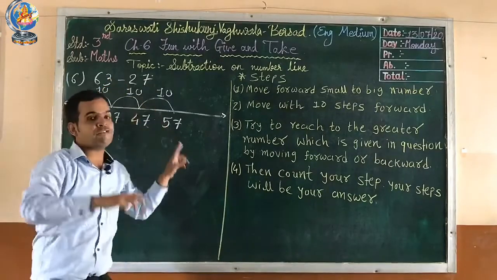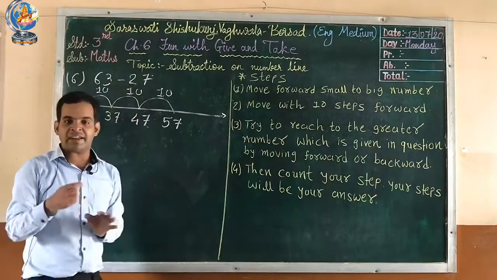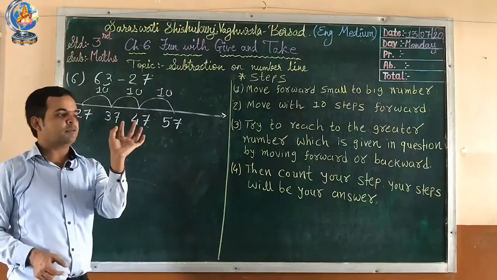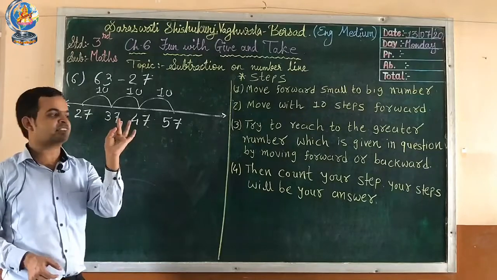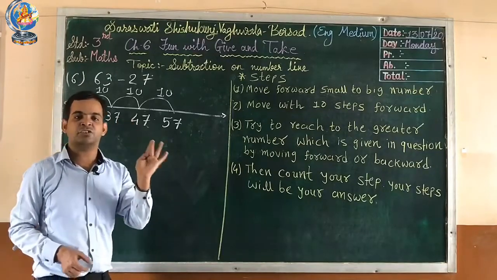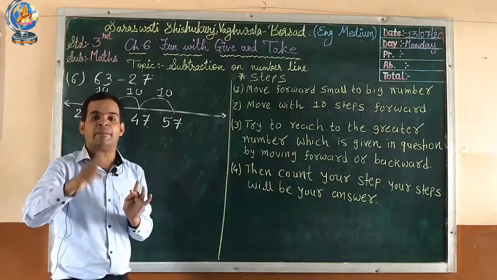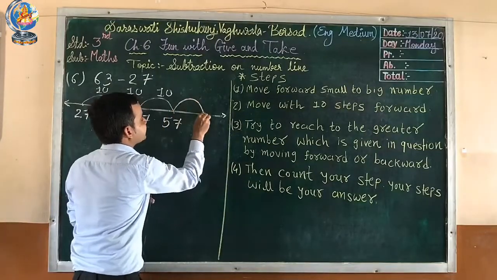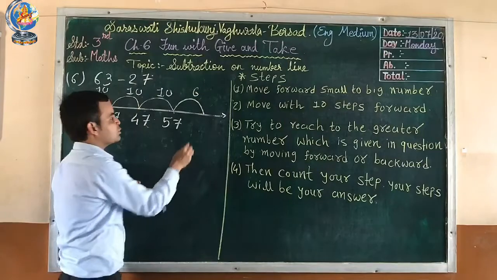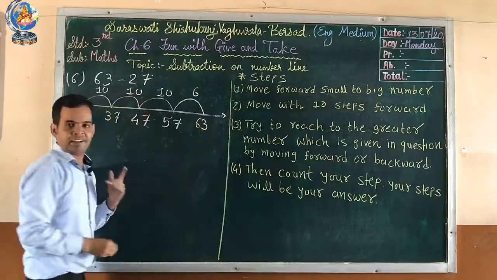If we count 58, 59, 60, 61, 62 and 63, we have to go 6 steps forward, right? If we go 6 steps forward, we reach 63.